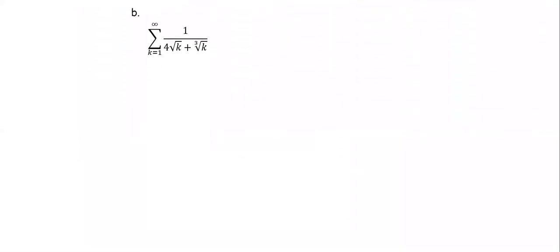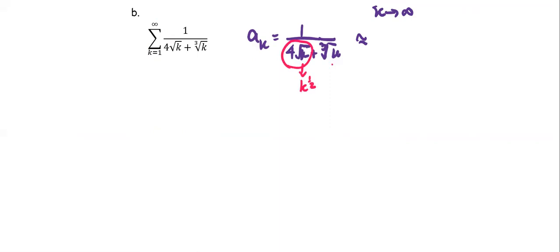For this example, a_k is 1 over 4 square root k plus the cube root of k. Consider the term as k approaches infinity. The leading term of the denominator is the one with the higher power. Since square root k is k to the 1/2 and the cube root of k is k to the 1/3, k to the 1/2 is the leading term.